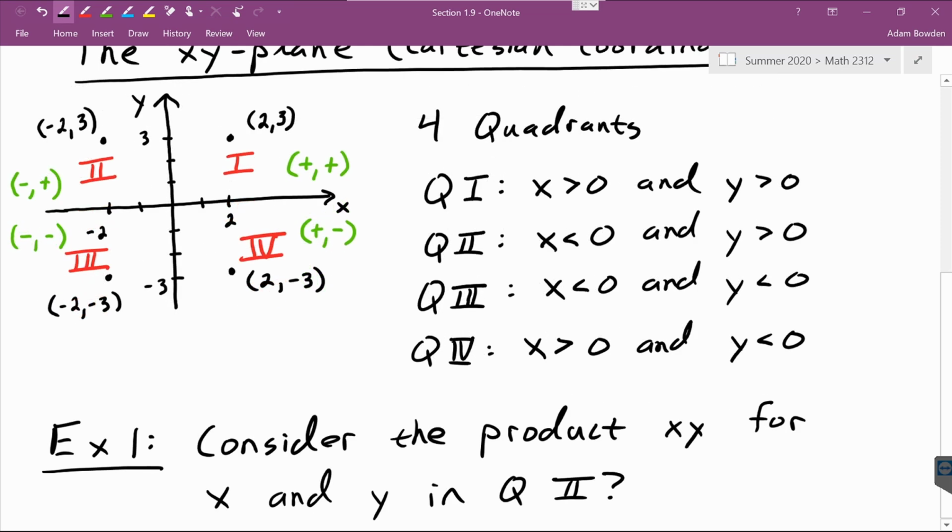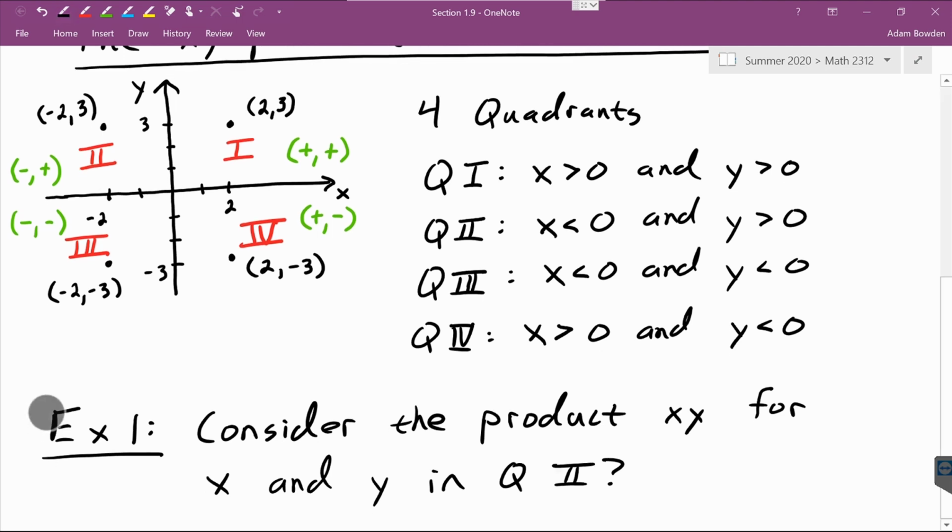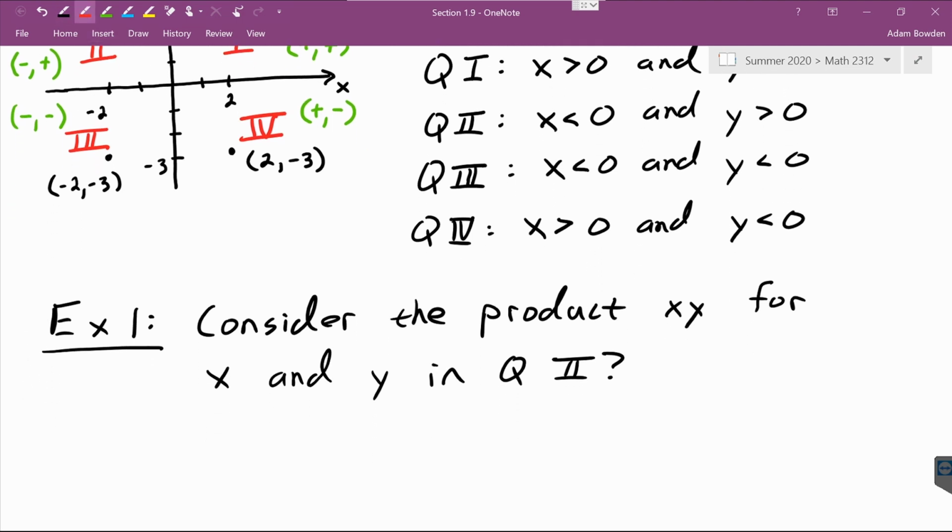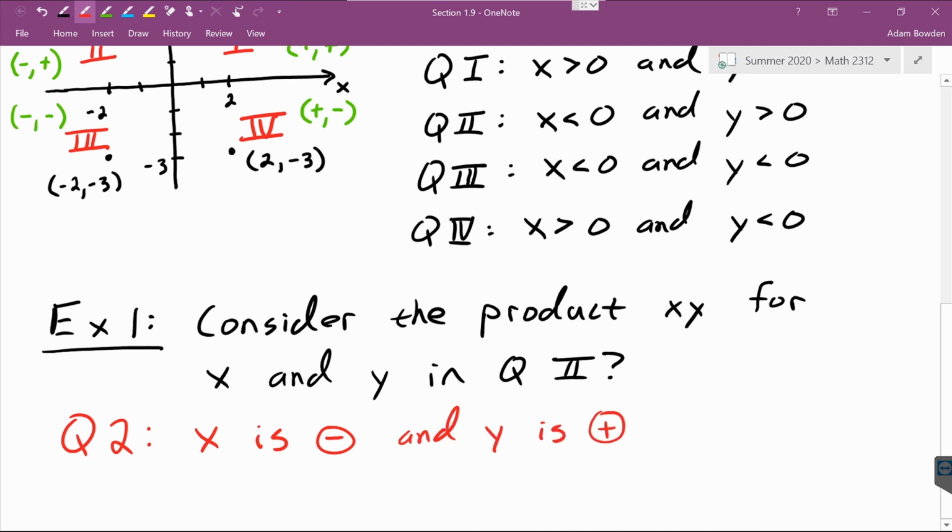So what I'd like to do here for our first example is to consider the product of x times y when both x and y are in coordinates from the second quadrant. So what that means for us is for the second quadrant, quadrant 2, again, x is negative and y is positive.